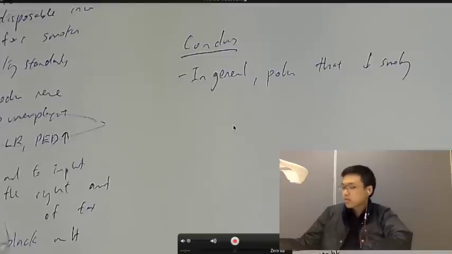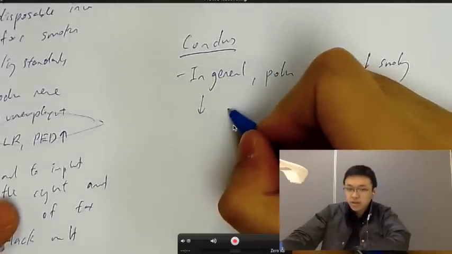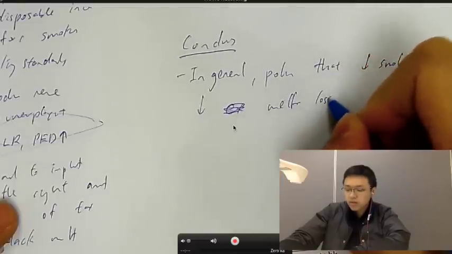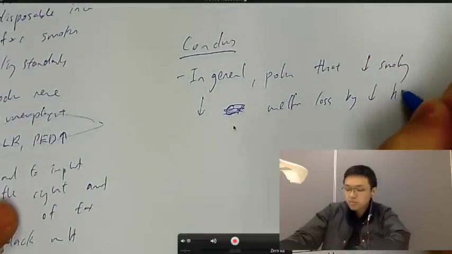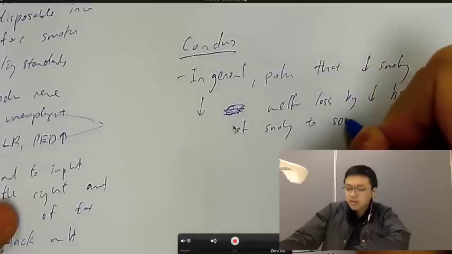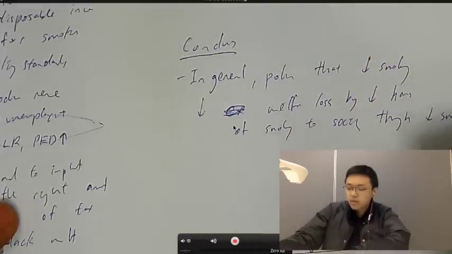What kind of effects do they have? Well, first of all, it reduces welfare loss, right? By reducing harms of smoking to society, right? Through reducing smoking. So this is a good thing.